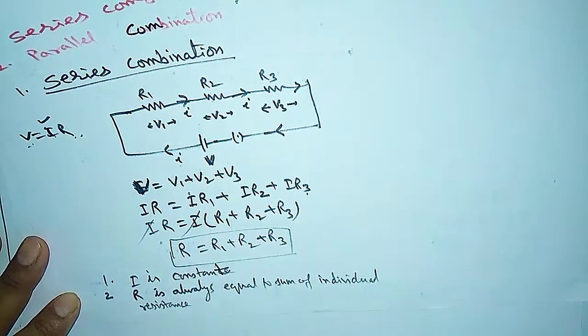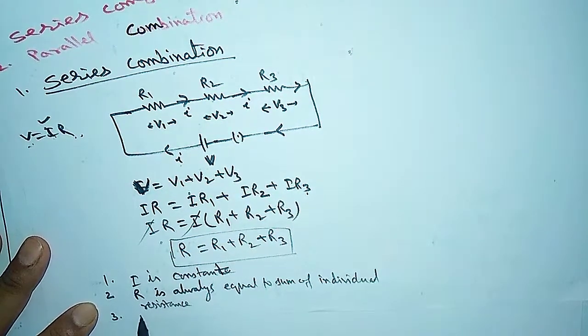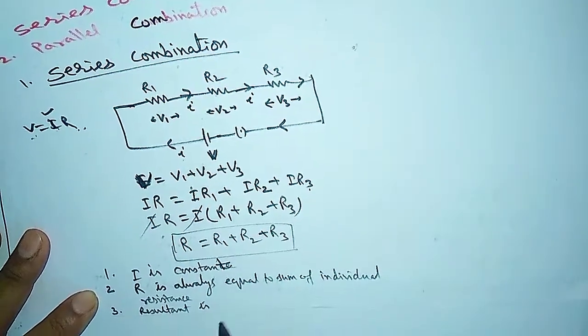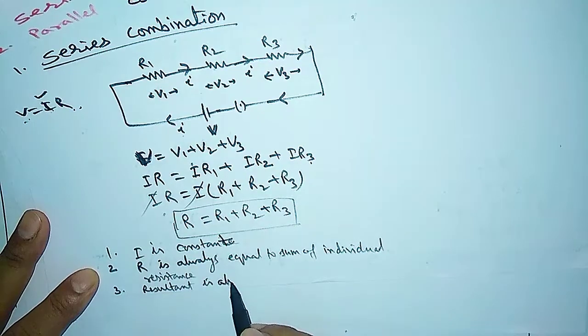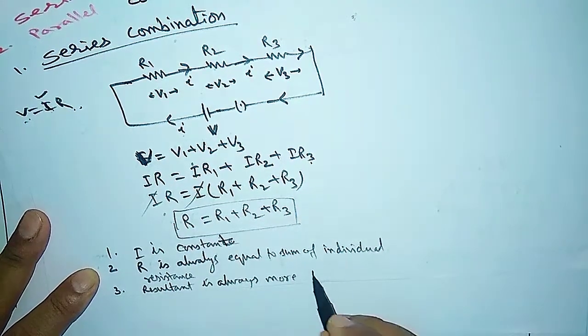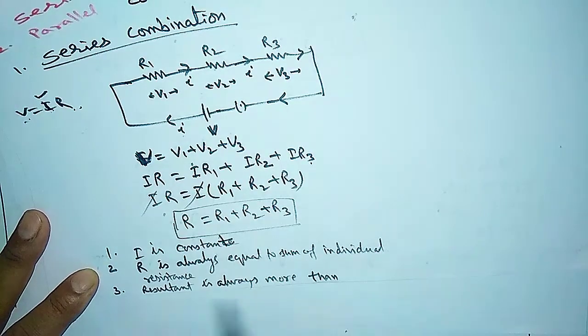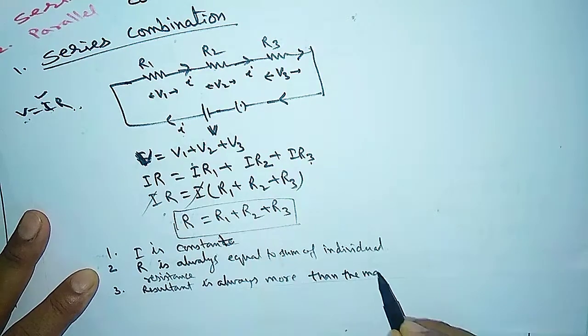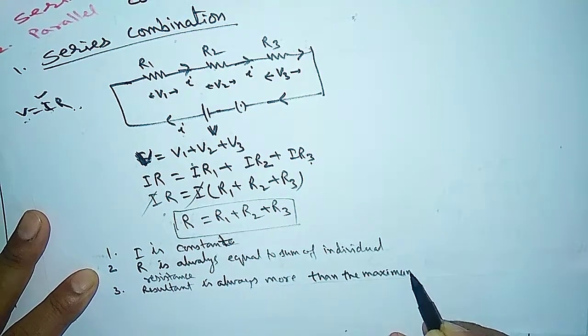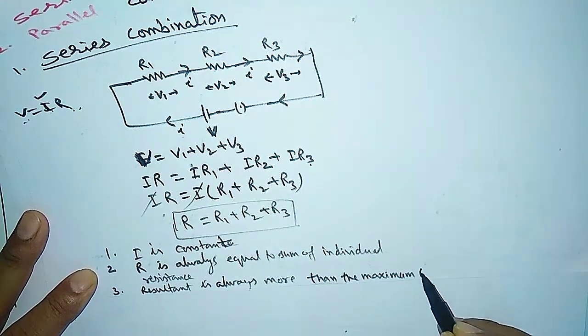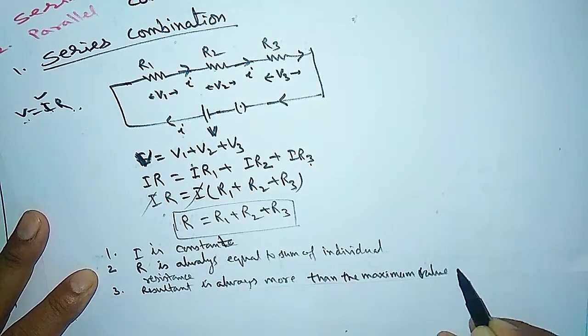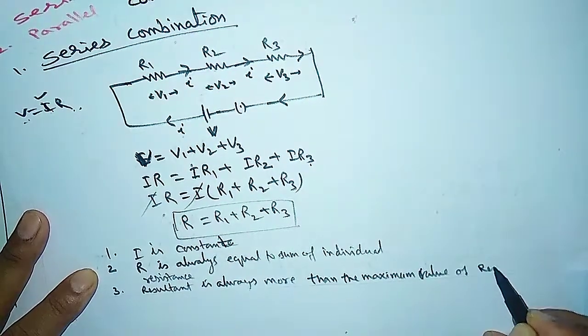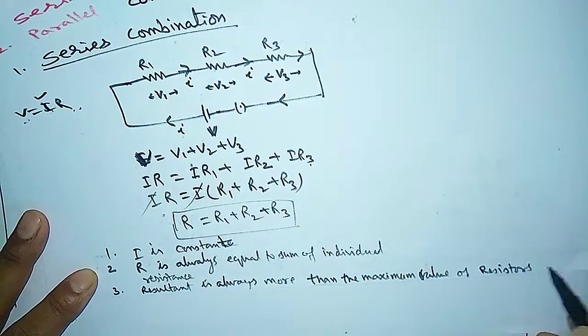And the third point is that the resultant is always more than the maximum value of the resistor connected in series.